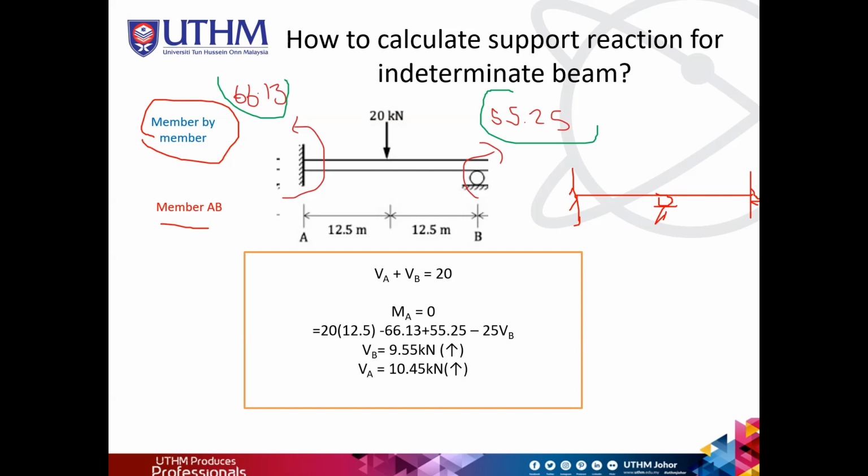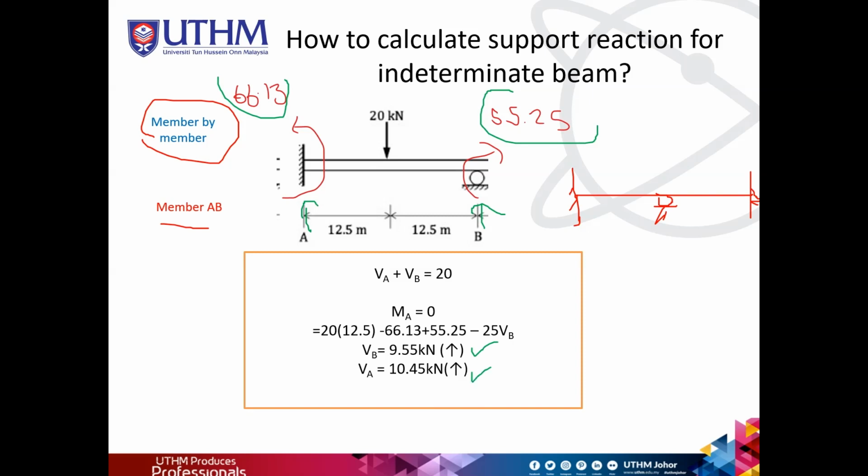From here we can find the support reaction at A and the support reaction at B. This one will be the normal calculation for the support reaction. You just take the moment at A or B, so you can find the support reaction at B and A as well.